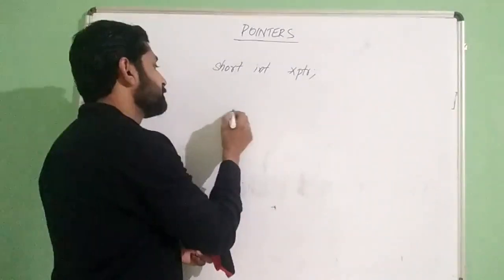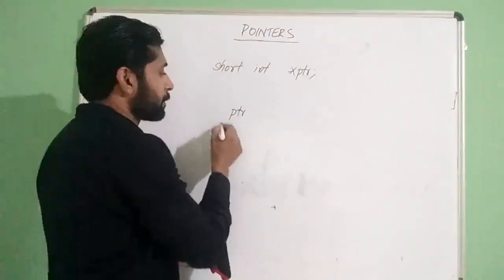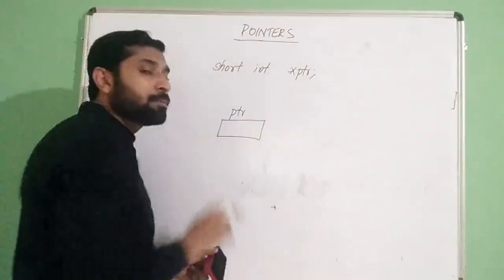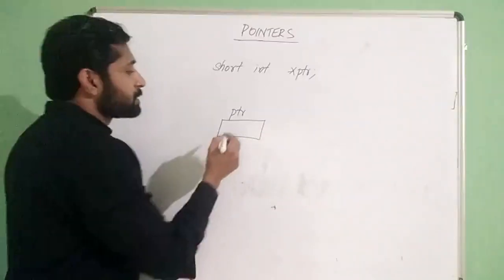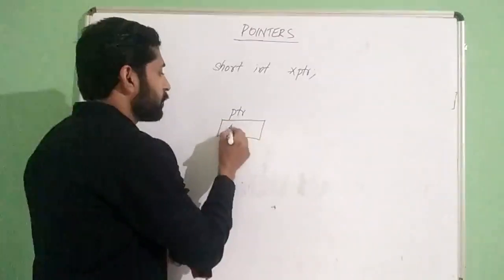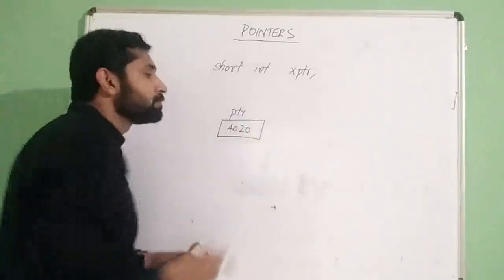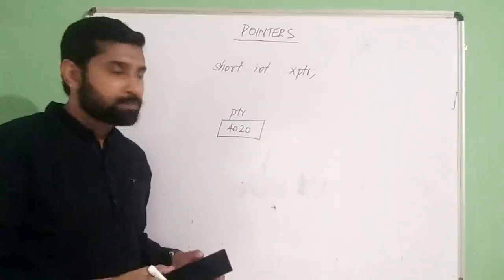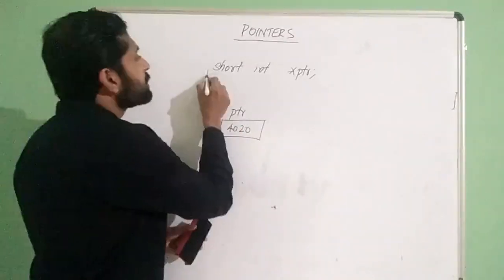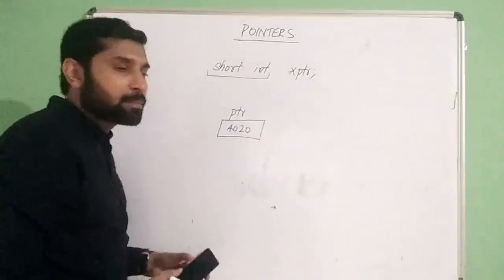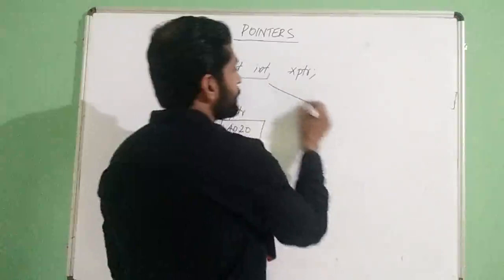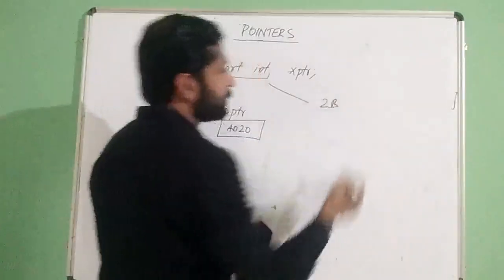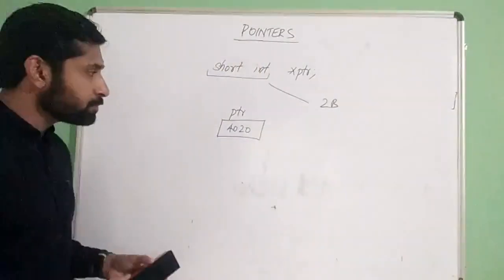Ptr is a pointer. It can hold address of memory location. Suppose this contains 4020 as its content. This is of type short integer. Short integer consumes how many bytes? 2 bytes will be used.